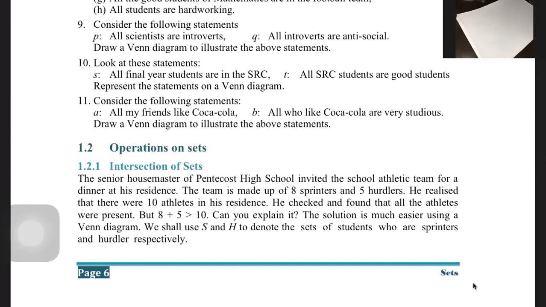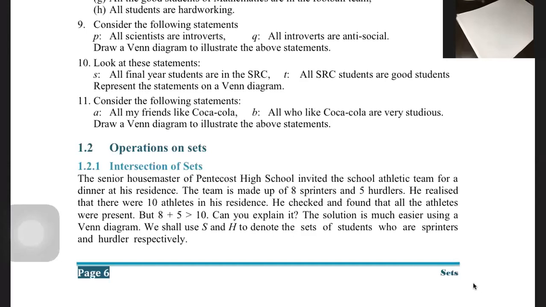He checked and found that all the athletes were present. But if you have 8 plus 5, it should be greater than 10. So the analogy this is giving us is: how can there be a football team of 10 players, or let's say 10 athletes?